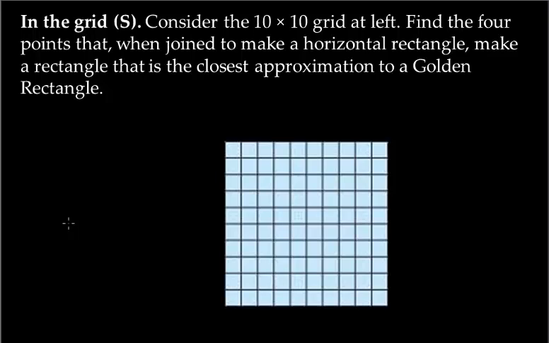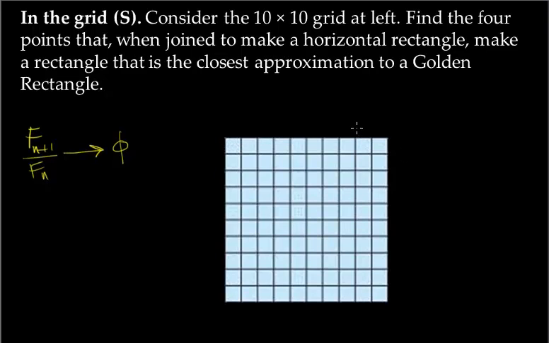Well, I think that the way to do this is just to think of the Fibonacci sequence. We know that f sub n plus 1 over f sub n, as n gets large, approaches phi. So we want to take our length as a Fibonacci and our width as the Fibonacci before it. The largest Fibonacci less than or equal to 10 would be 8.